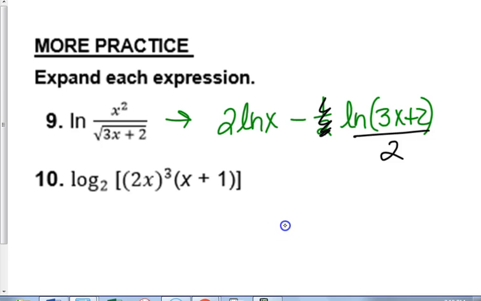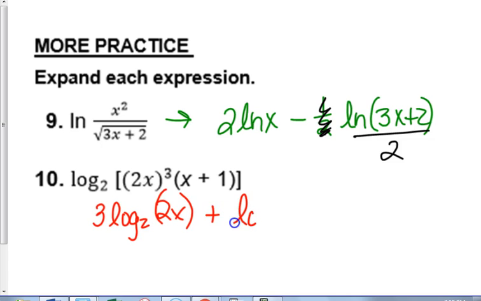Number 10. Tanner, you want to try that one? 3 times the log base 2 of 2x plus log base 2 of x plus 1. Done? That's why I wouldn't ask this question, because it's kind of gross.